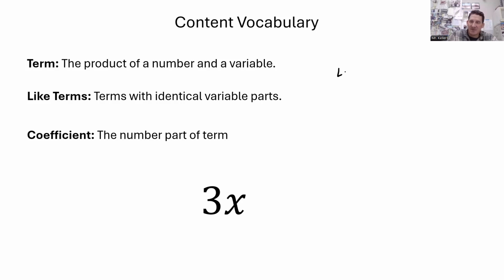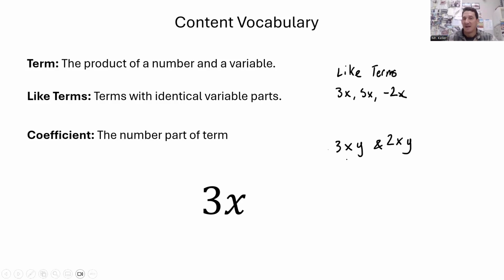So examples of like terms. 3x, 5x, negative 2x, because they all have x. Or let's make it more complicated. Let's say we had 3xy and 2xy.